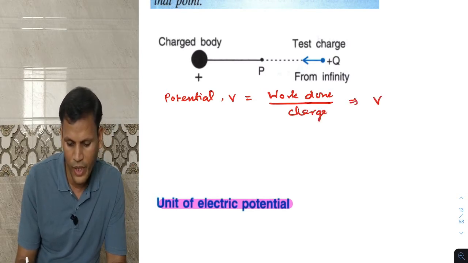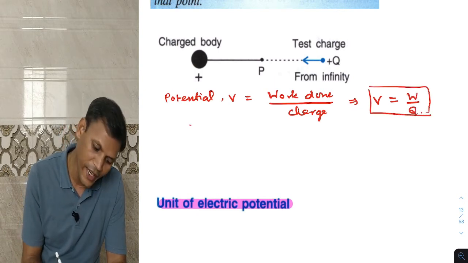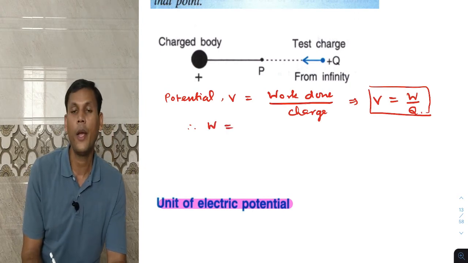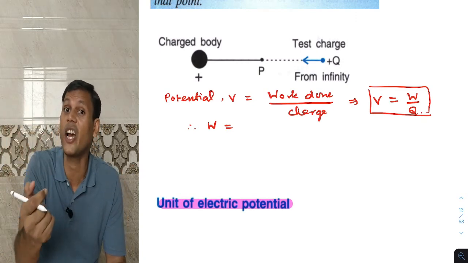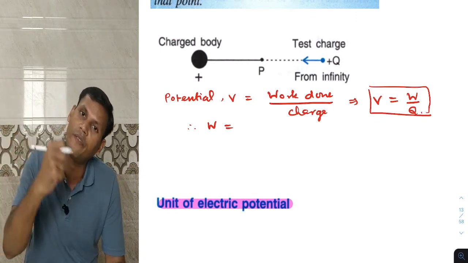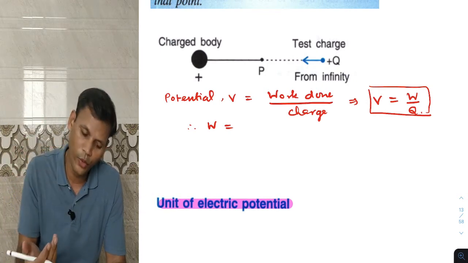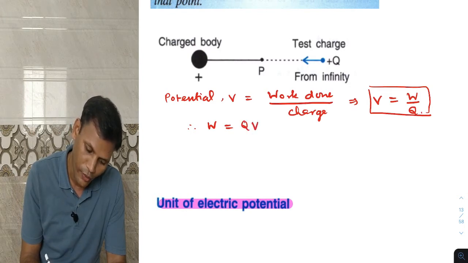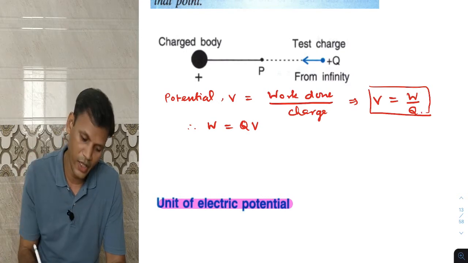So V will be W by Q. And from here, if we wish to calculate the work done when we are bringing a unit charge from infinity to a fixed point, or from one point to another point, we can calculate it by this formula: W will be Q into V. I just did the cross multiplication.